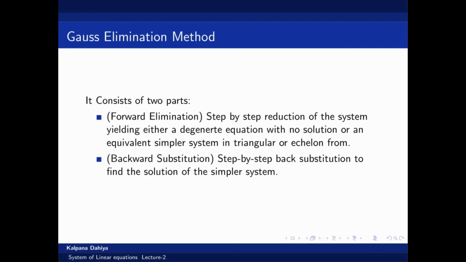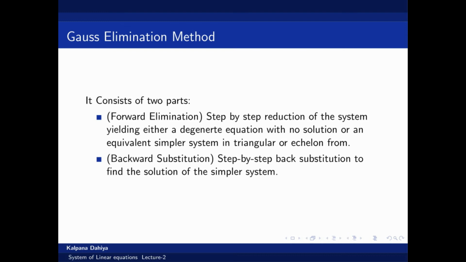Gauss elimination method consists of two parts. First is forward elimination and second one is backward substitution. In forward elimination, step-by-step reduction of the system yields either a degenerate equation with no solution or an equivalent simpler system in triangular or echelon form.